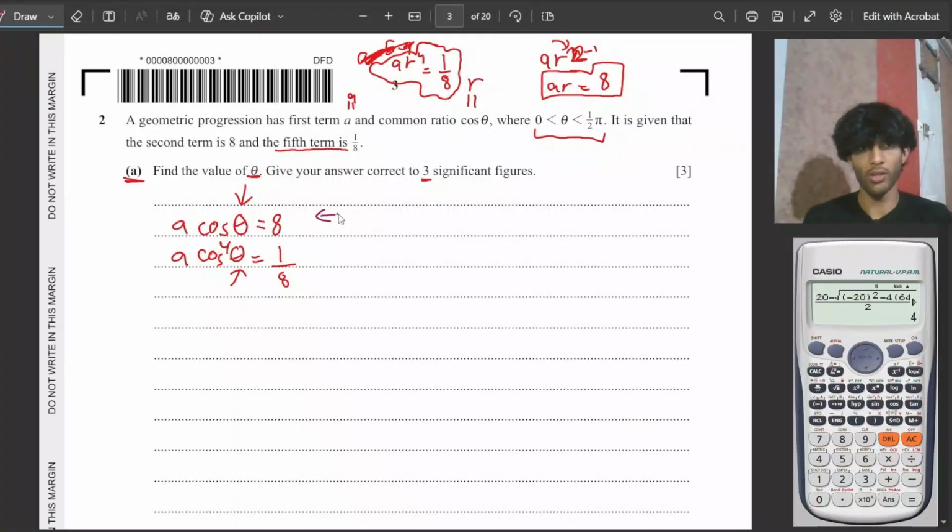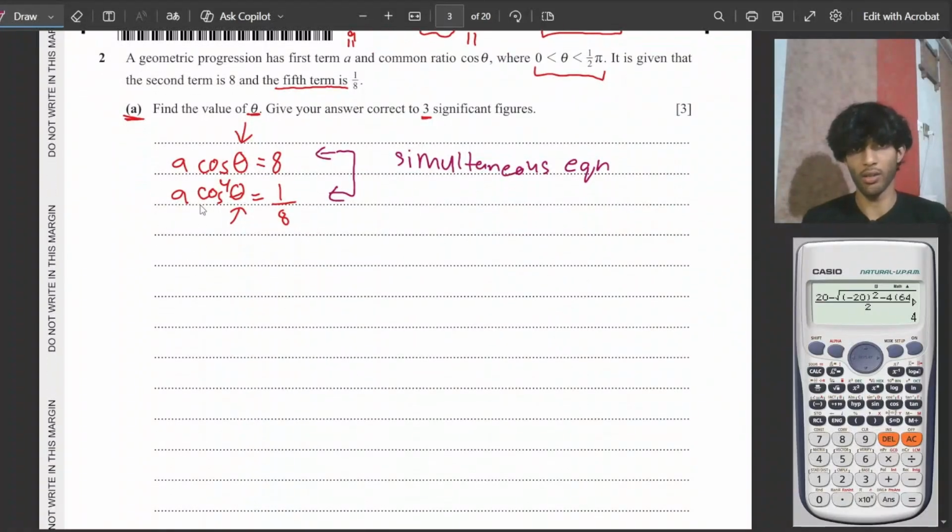Because I see 2 equations and they both have the same variables. So I know this is a simultaneous equation problem. And the only way I was able to notice that is because I first digested the information properly. Okay, now, since I'm trying to find the value of theta, I can use either substitution or elimination. I'm going to go ahead and use substitution.